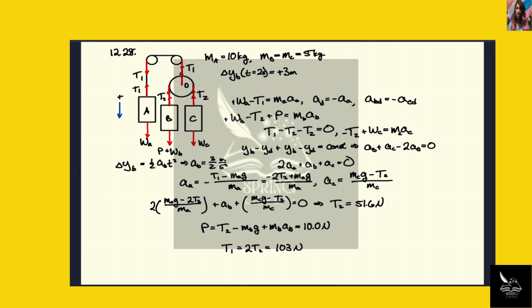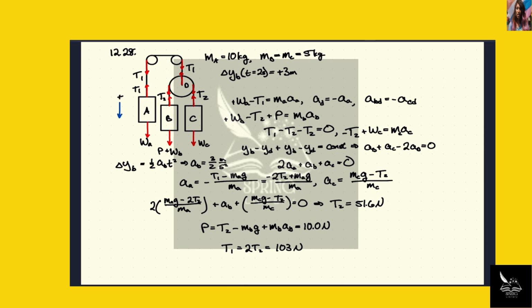Then we look at kinematics. We know this distance here, basically this here and this here, has to be a constant because this cable has a constant length.